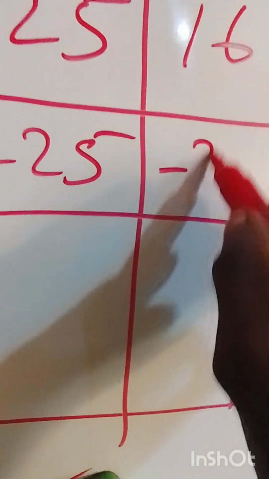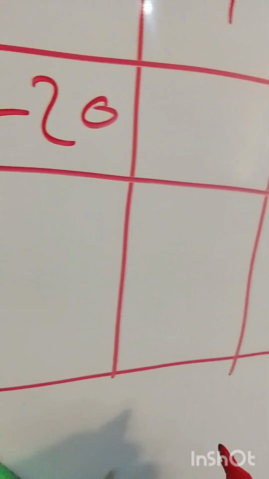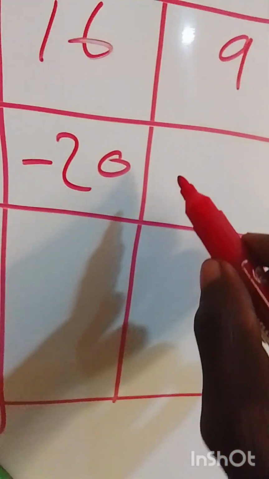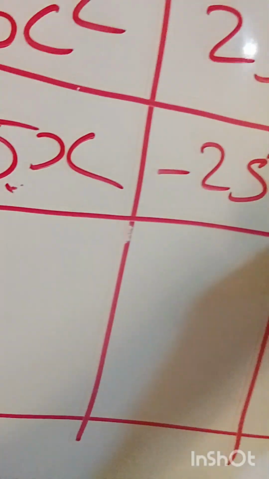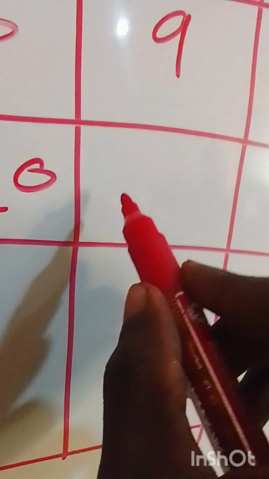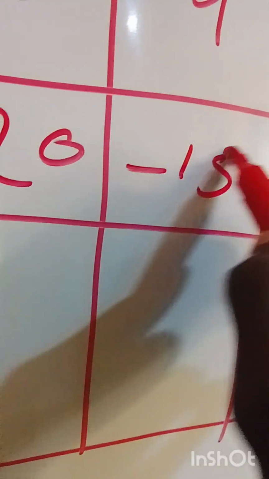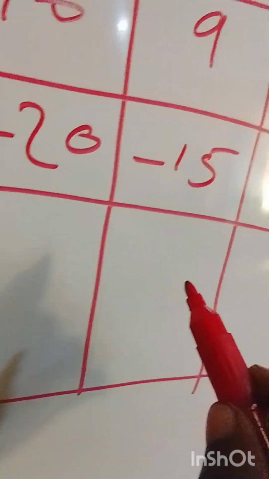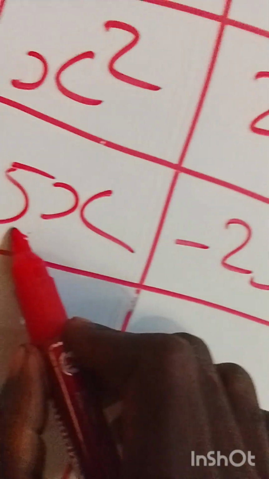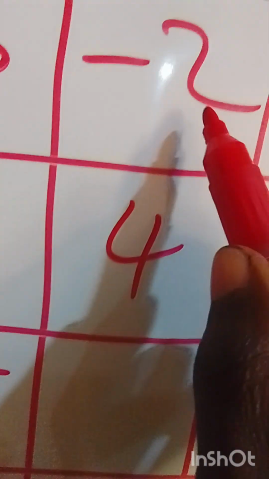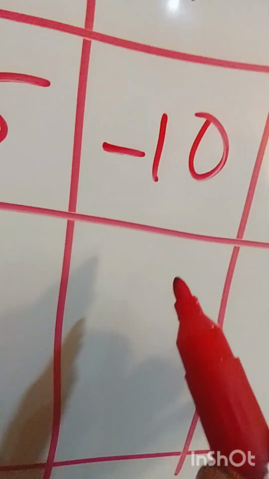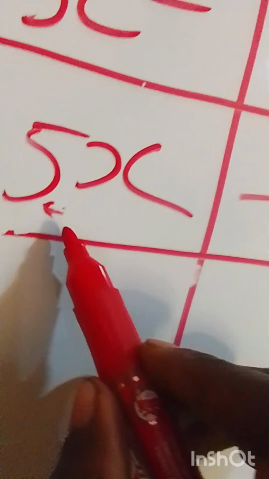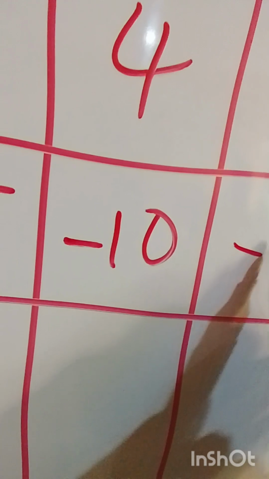The answer is minus 20. The next column, 5 times minus 3, we have minus 15. Come back to the next column, we have 5 here times minus 2 here, we have minus 10. Now, this is how we keep going. 5 times minus 1, we have minus 5.